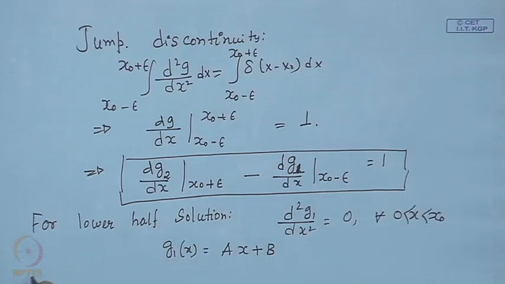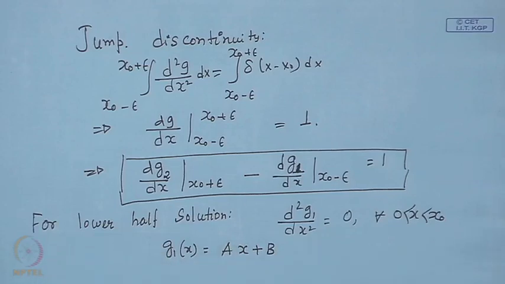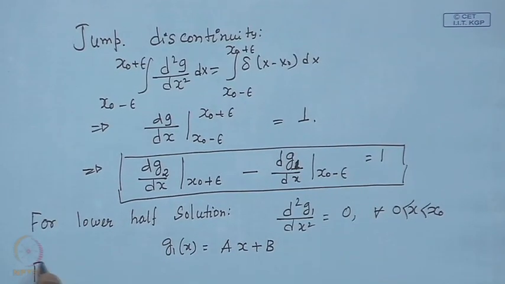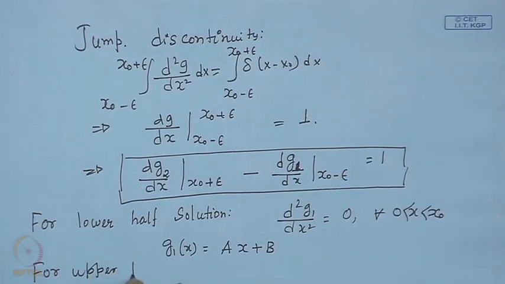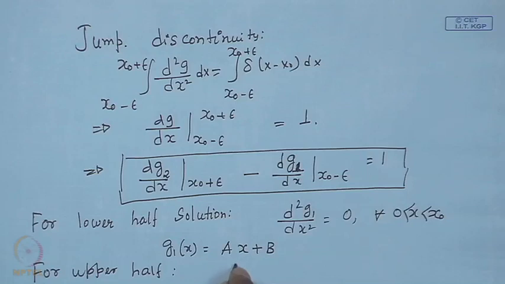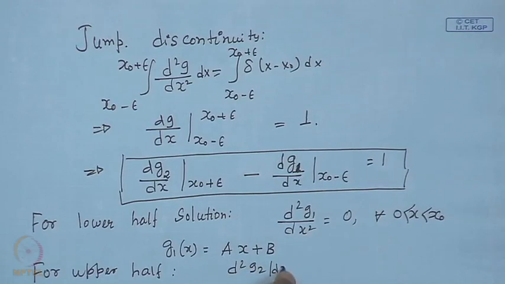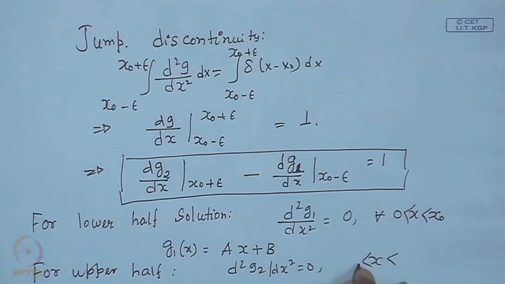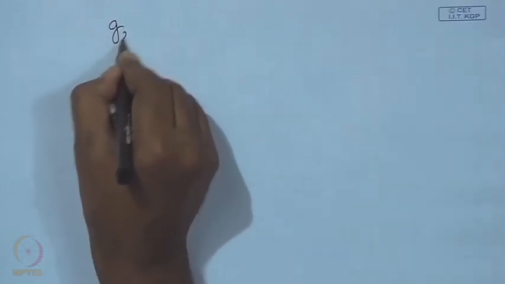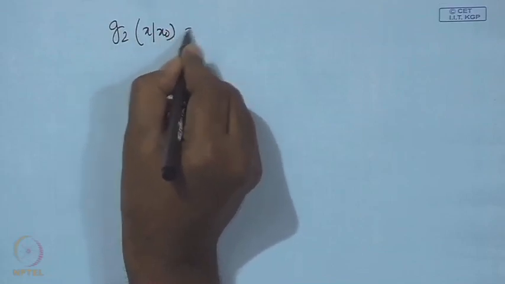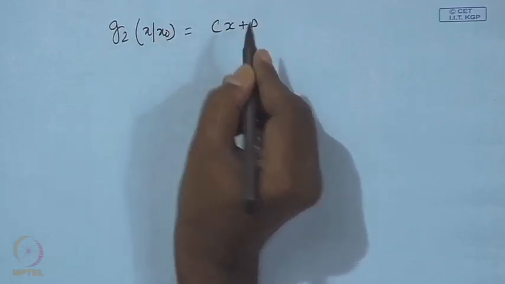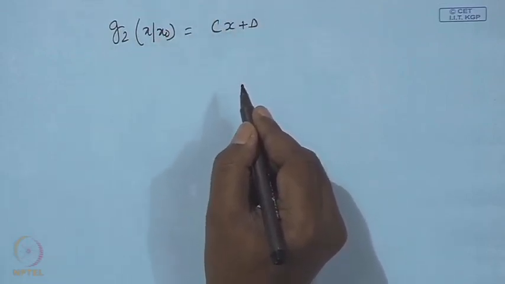And for the upper half we have d square g 2 dx square is equal to 0, where x lying in between x naught and 1. So, g 2 will be c x plus d. So, we have 4 constants a, b, c, d.